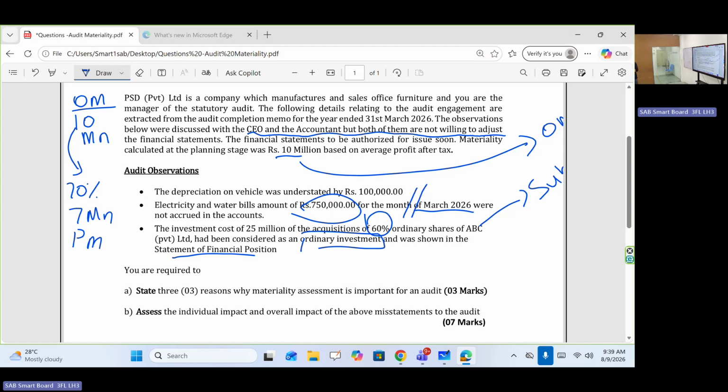Next point, not the third point, still behind the second point, second issue.